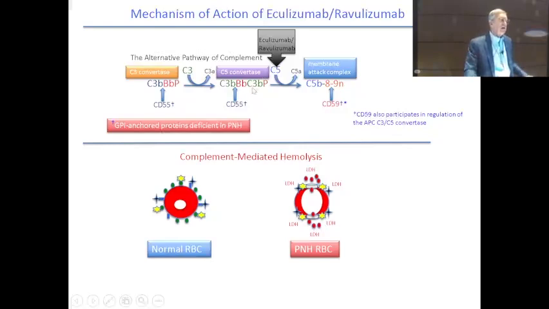So when you think about it, the extravascular hemolysis of PNH is entirely an iatrogenic process. So you never see this in patients who are not treated with anti-C5 therapy, because the cells would all be destroyed by the membrane attack complex. But because this is blocked with the anti-complement therapy, now we can see the effects of loss of control of the C3 convertase.